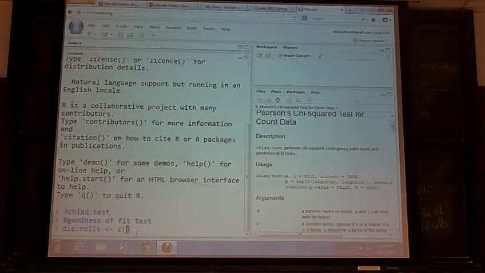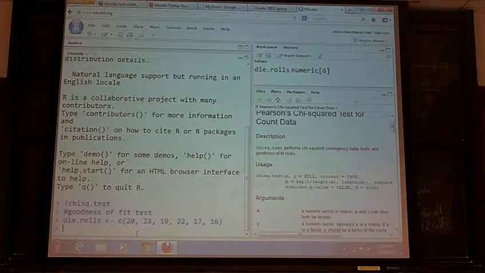I'm not even going to bother. And let's say I see the number 1 appear 20 times, the number 2 appear 23 times, the number 3 appears 19 times, and the number 4 22, and 5 17, and this 16 times. So these are the number of each category that appeared.